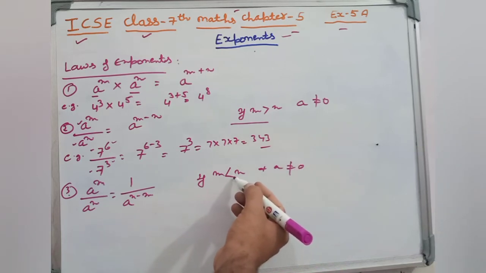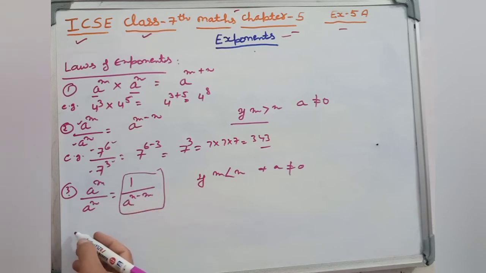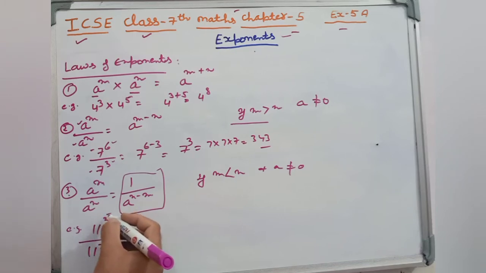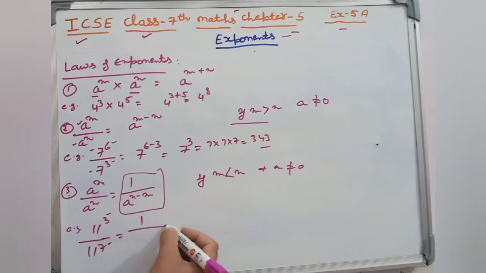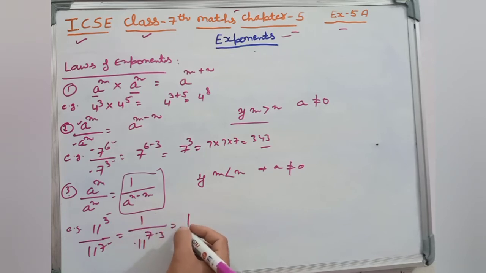Now this m has become smaller, here it was greater, so this happens. For example, 11 raised to power 3 upon 11 raised to power 7, here n has become greater, so our answer would be, the base is the same, 11 raised to power 7 minus 3, 11 raised to power 4, right?